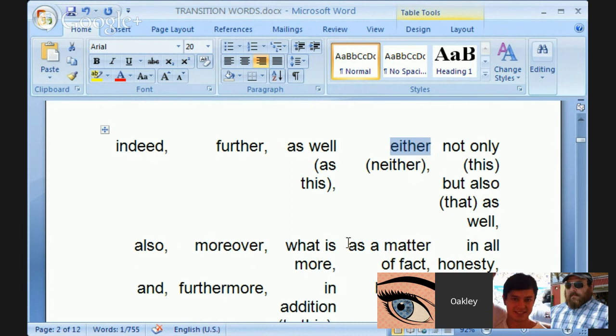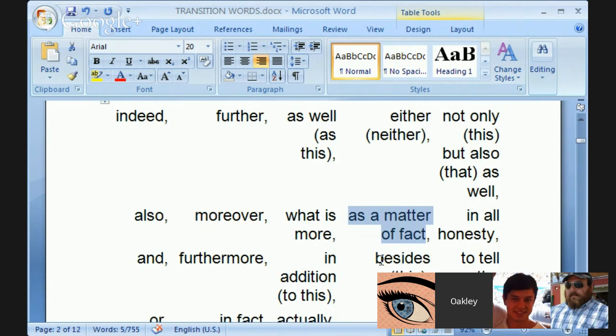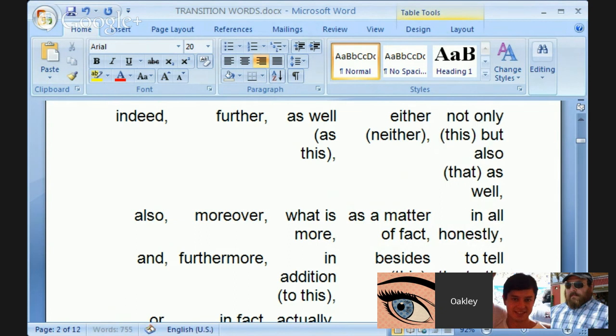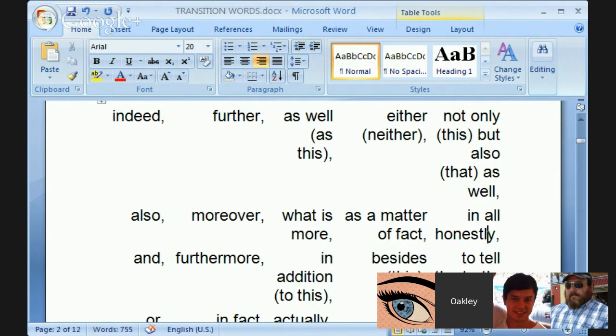Here's your besides. Sometimes we use these: as a matter of fact, or honestly, or to tell the truth.